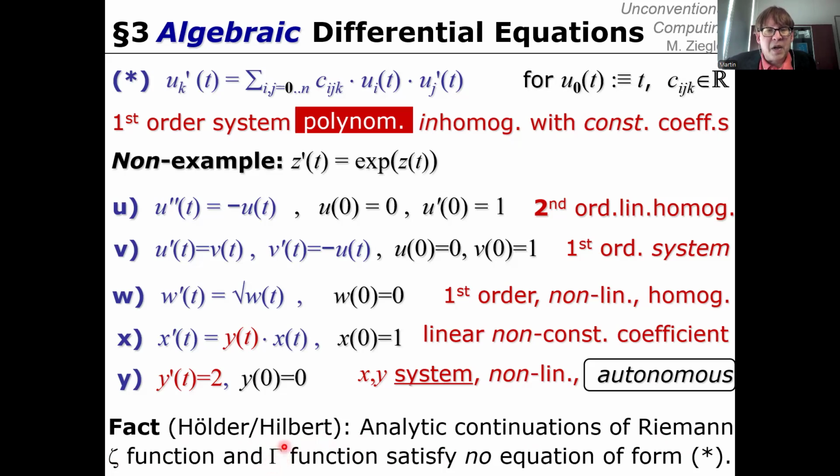Now, what is the gamma function? The gamma function is like the factorial, right? So remember factorial, 1 times 2 times 3 times 4 times 5 times 6 and so on. That's a factorial. And factorial of n is n times n minus 1 times n minus 2 and so on. But this only makes sense for natural numbers n, right?